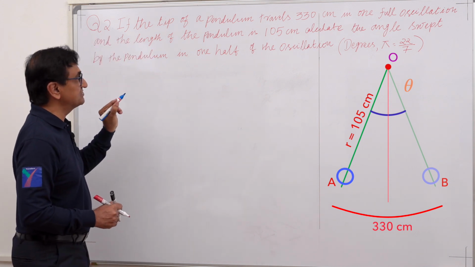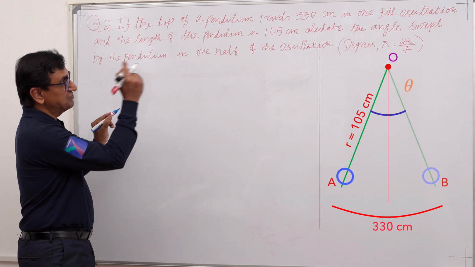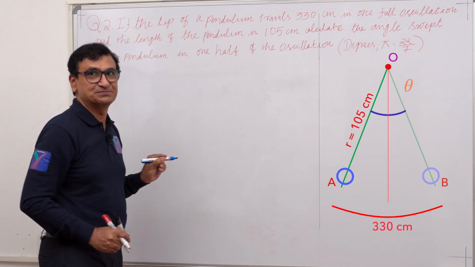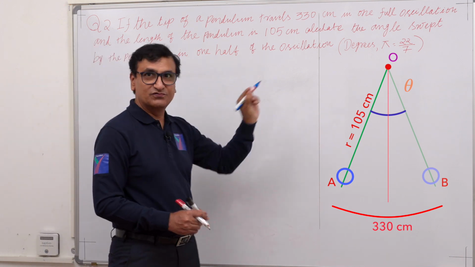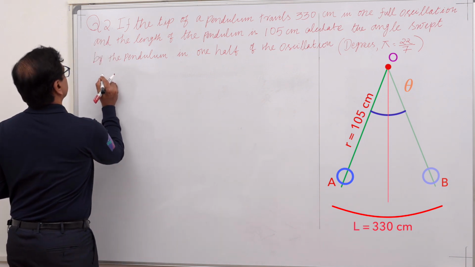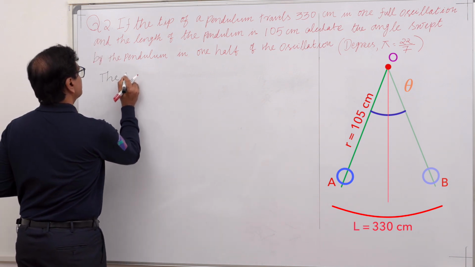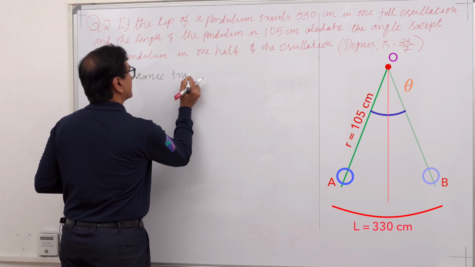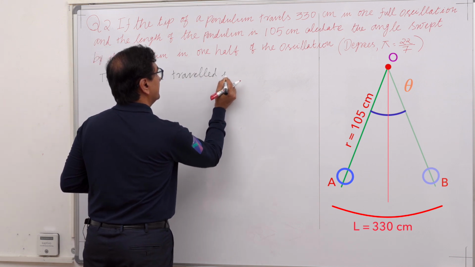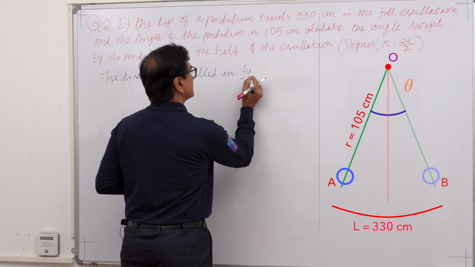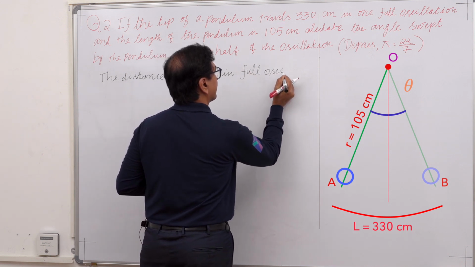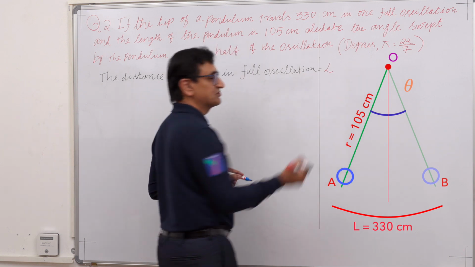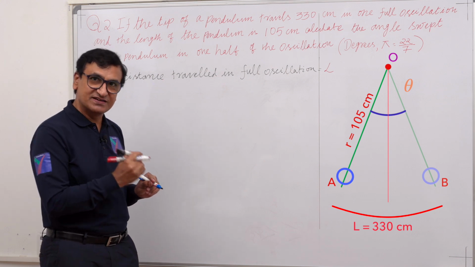What is given in the question is, one full oscillation is 330 centimeter, whereas we have to calculate the angle for one half oscillation. Let us name the distance travelled in full oscillation as L. So what is the distance travelled in half oscillation?